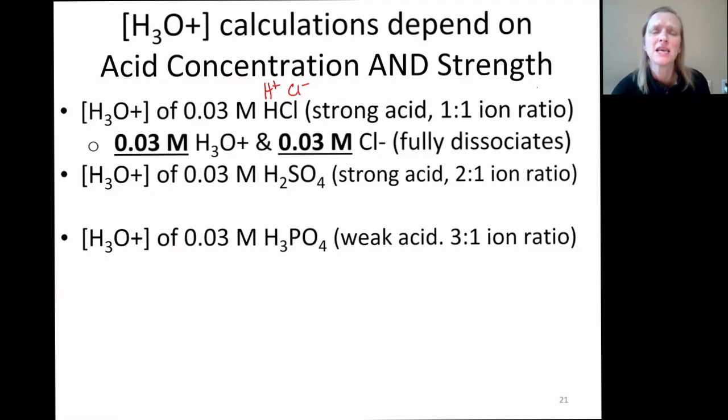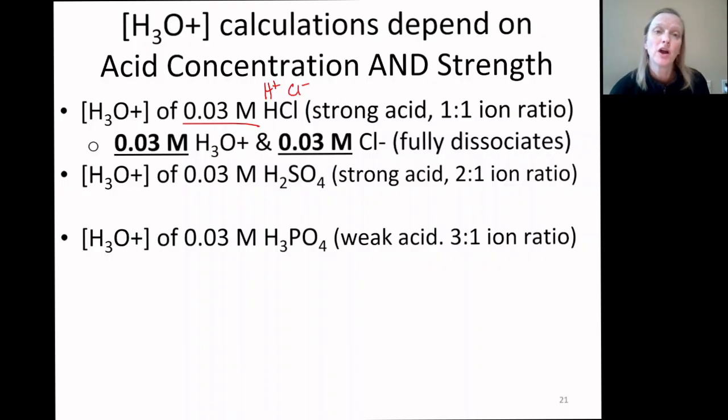So what this means is that we end up with the same concentration of hydrogen ions as we had for the original concentration. So we started with 0.03 molar hydrochloric acid, so we have 0.03 molar of hydrogen ions or hydronium ions.